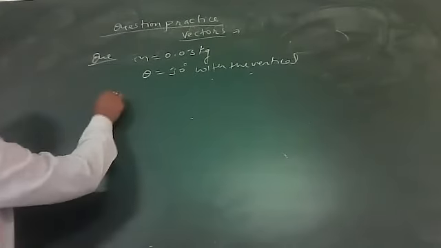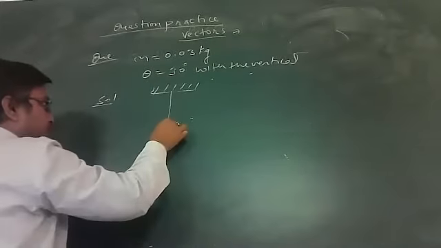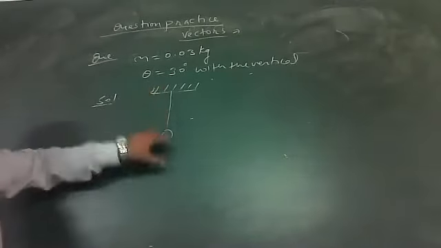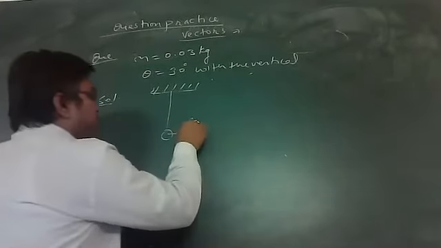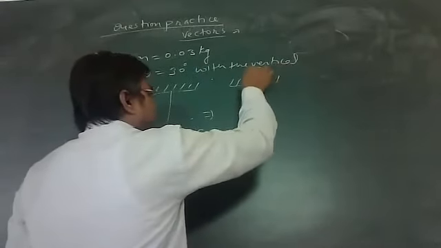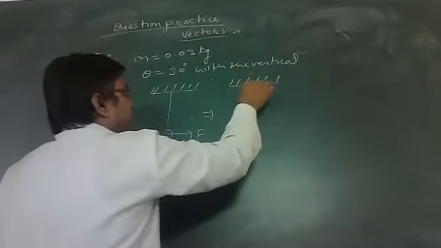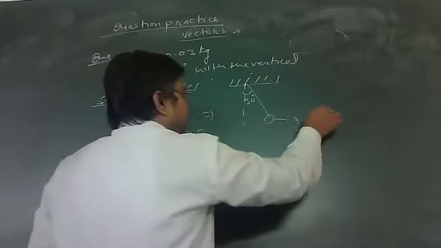See the solution here. The question gives you this initial situation. There's a string and a mass of 0.03 kg is hanged with the string. Now apply some horizontal force on it. After this, what will be my situation? The string is bending and makes an angle of 30 degrees with the vertical. This is the object and I applied a horizontal force.